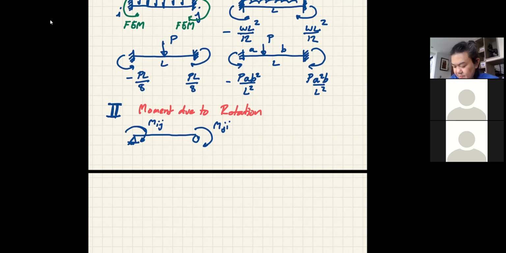It appears that our structure is going to go like this, right? So that's a deformation. If I am going to draw the bending moment diagram of this beam, the moment diagram is going to look like this. It's complete beam.